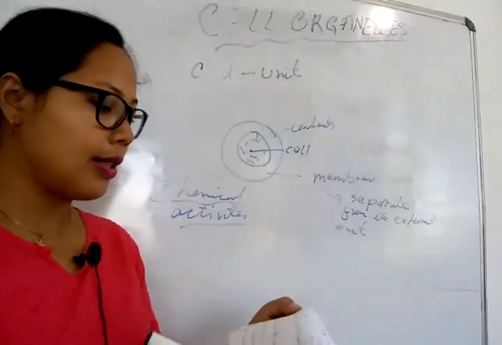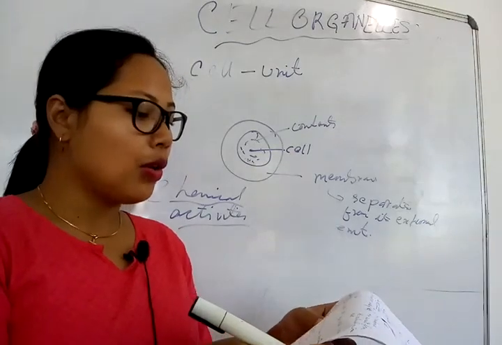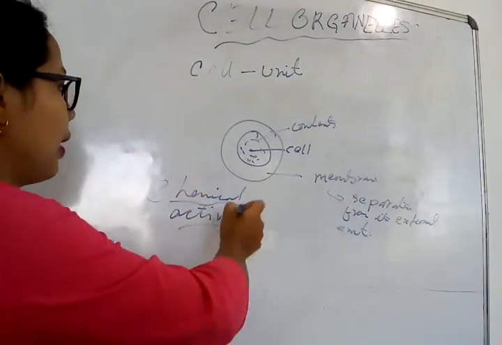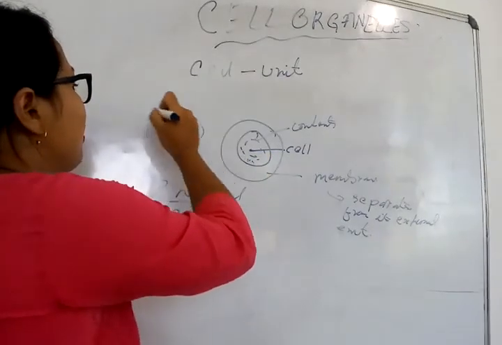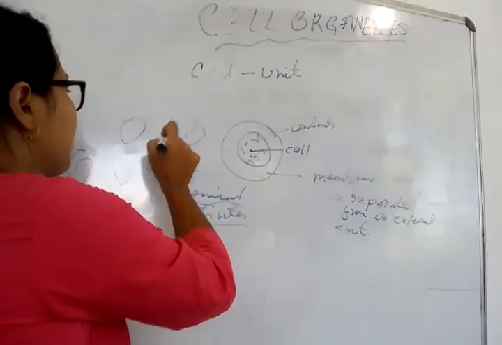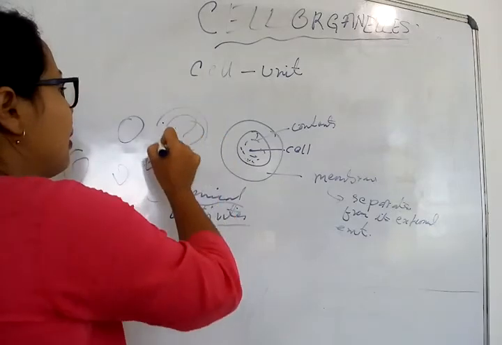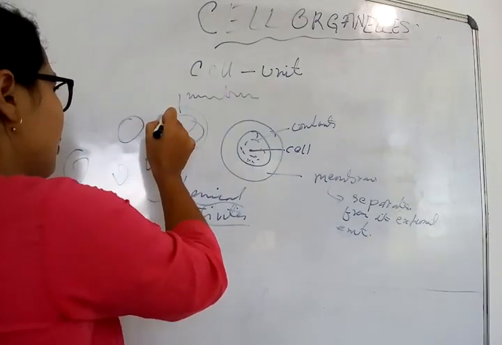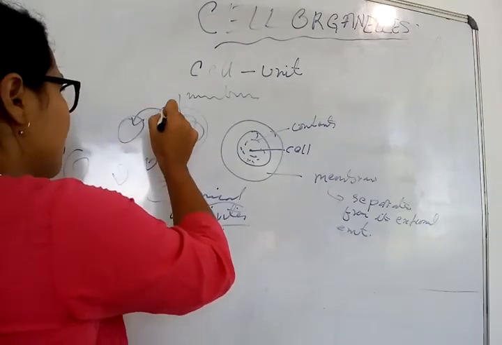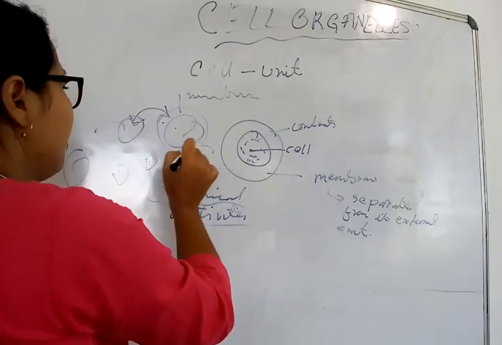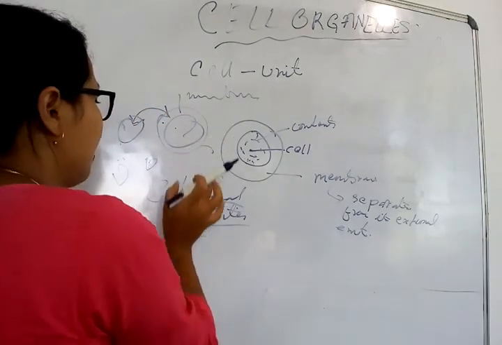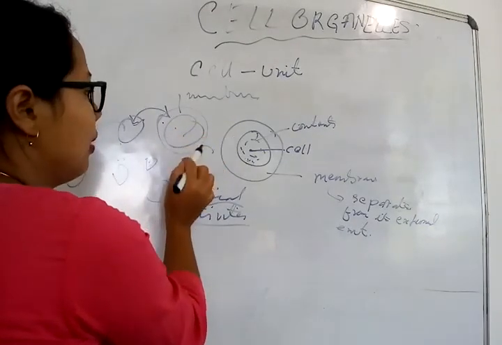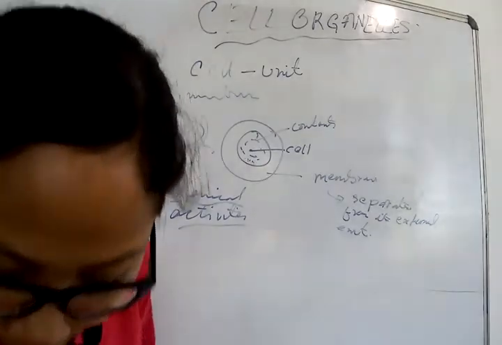There are a number of cells in our body. So, in order to keep the chemical activities separate from each other, these cells are separated through a membrane. Okay?